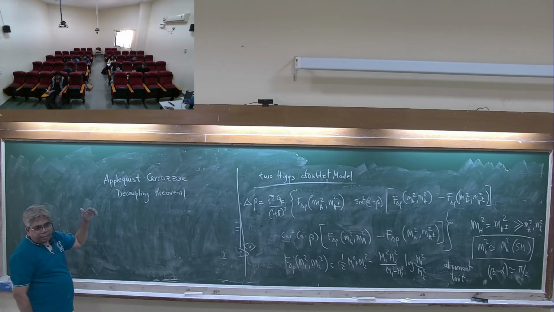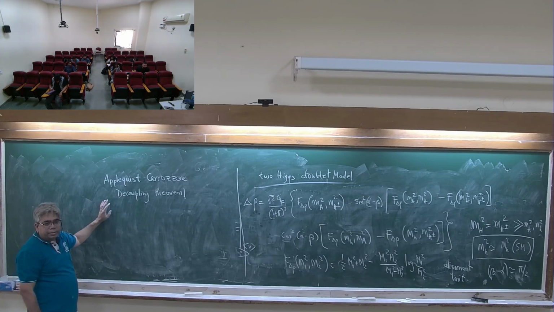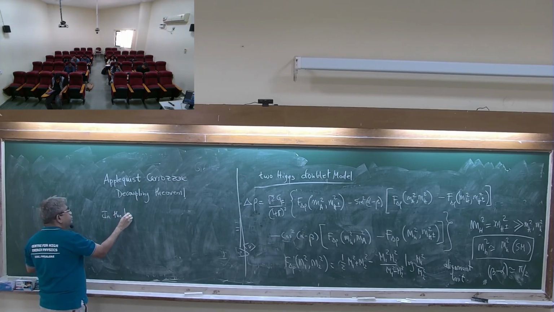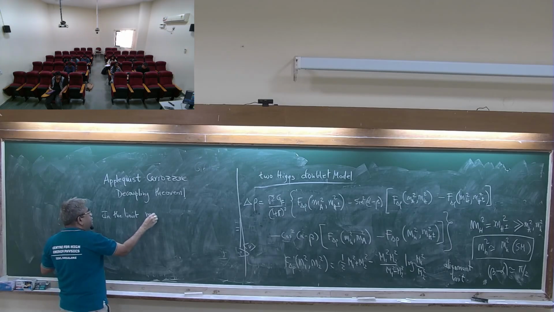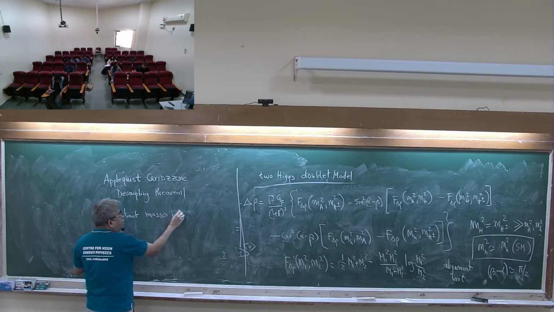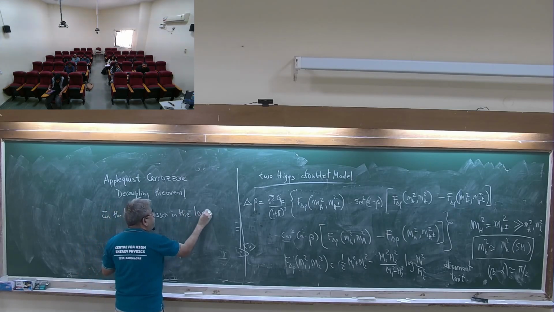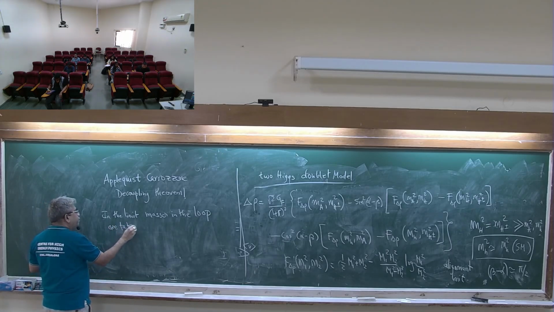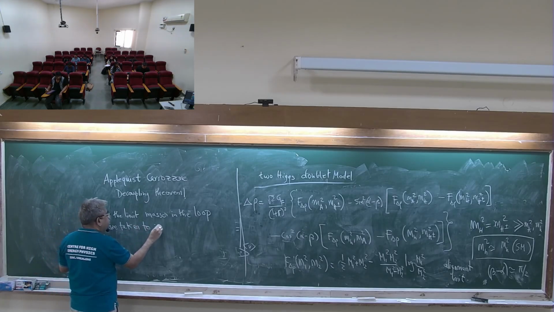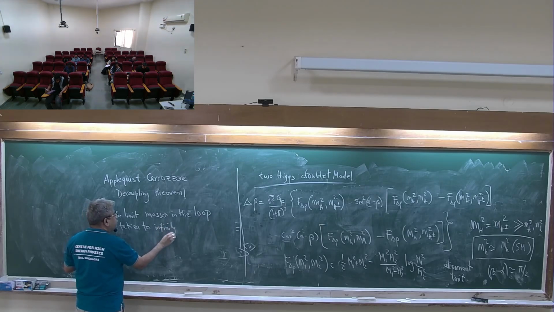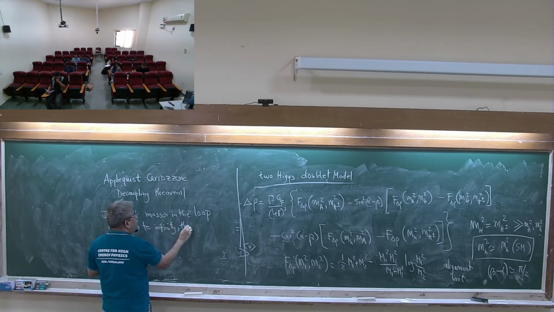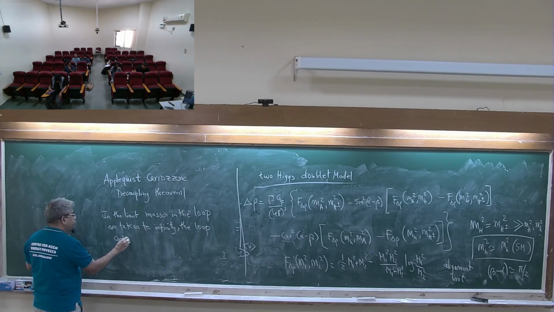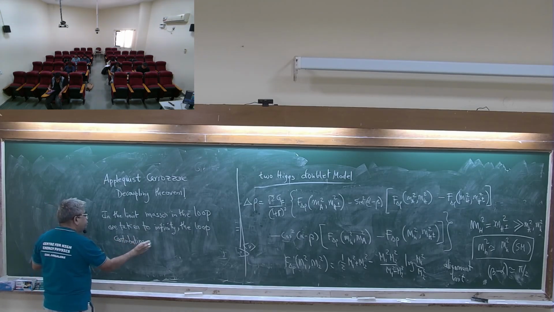The point of this theorem is that in the limit where the masses in the loop are taken to infinity, the loop contribution should go to 0.